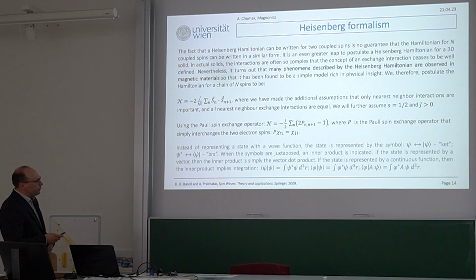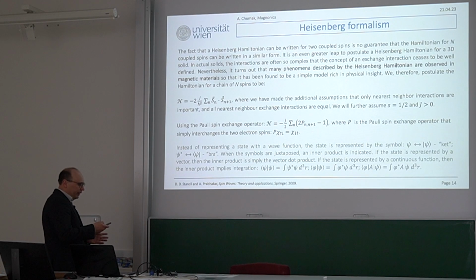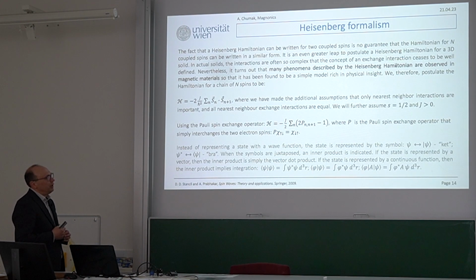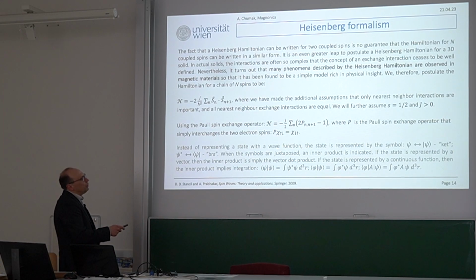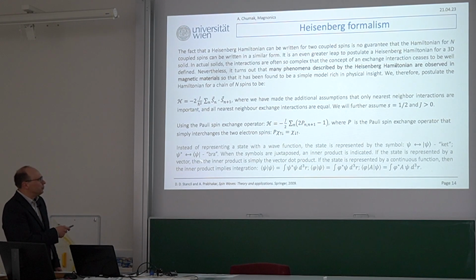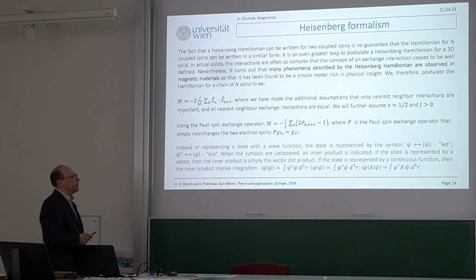And here is just a text also copy-pasted from Stanzel to refresh your memories. What is bra and ket? Bra means the complex conjugated state of a wave function. Ket means just the state of the wave function.